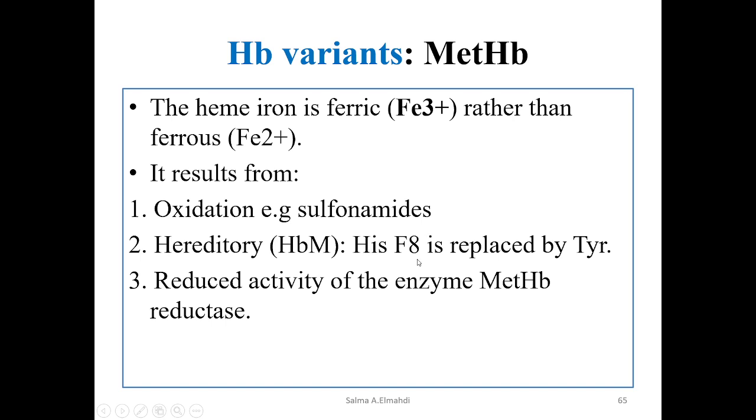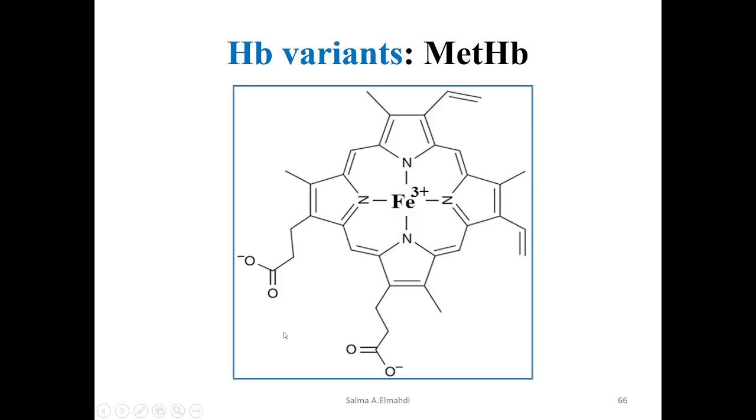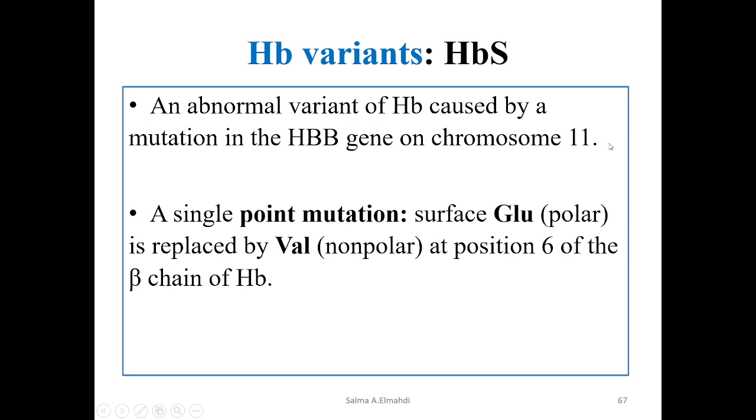So this polar amino acid is replaced by an aromatic amino acid. It can also result from reduced activity of the enzyme methemoglobin reductase, the enzyme that is supposed to reduce ferric into ferrous iron. So the whole function, which is dependent on ferrous hemoglobin, is lost.